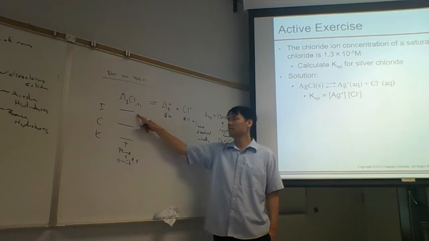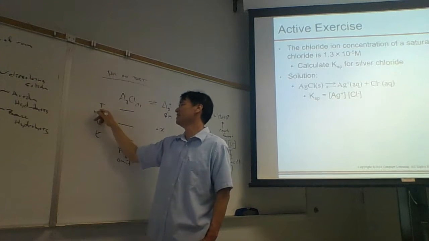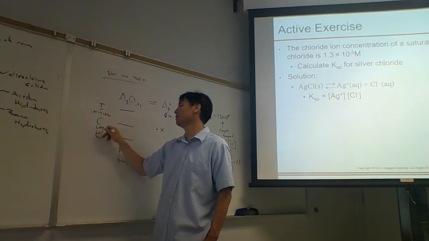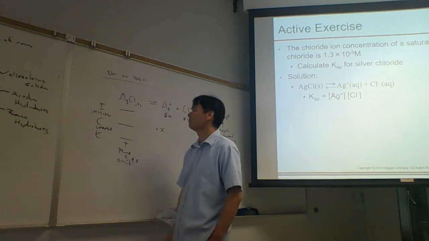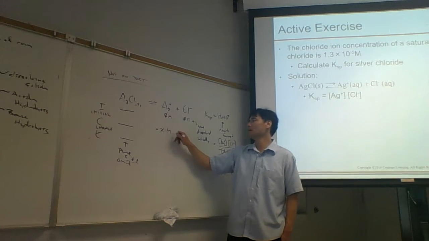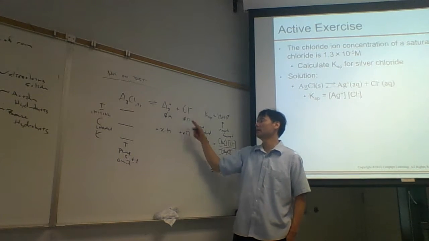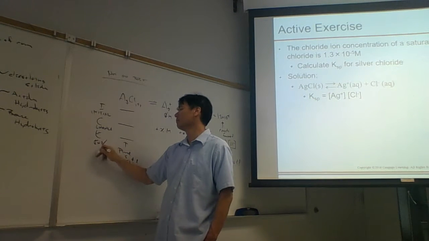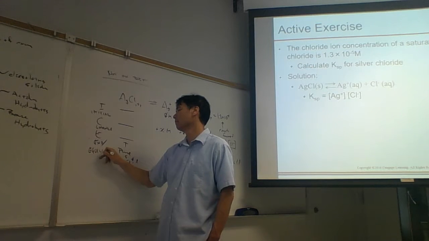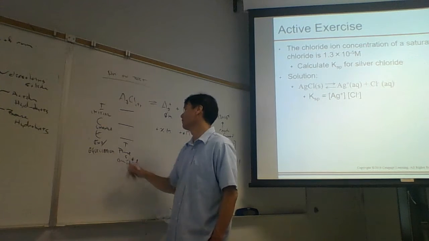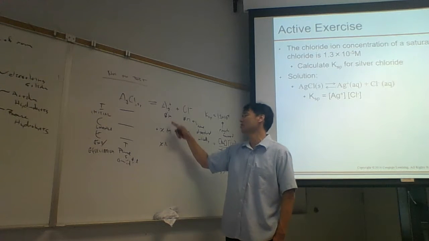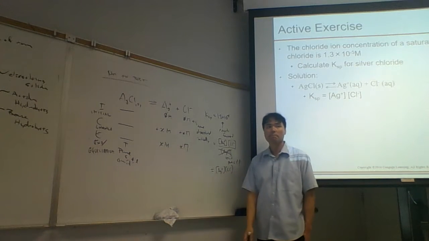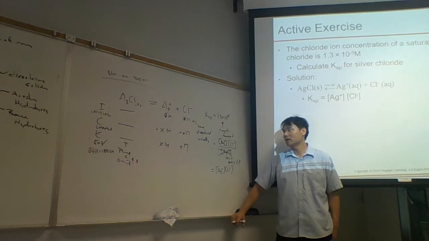And so ice means initial. C means change. There's got to be some kind of change because the initial's not right. And so the change is going to be plus x molar. For every silver, I got to form a chloride. And so at the end, this is at equilibrium. I need the right ratio. Well, what is the right ratio? It's going to be 0 plus x, which gives me x molar, and 0 plus x, which gives me x molar. And so this is the system of equations I have.